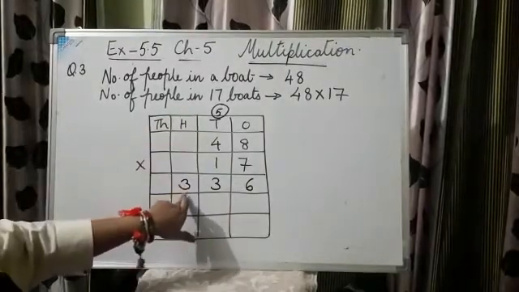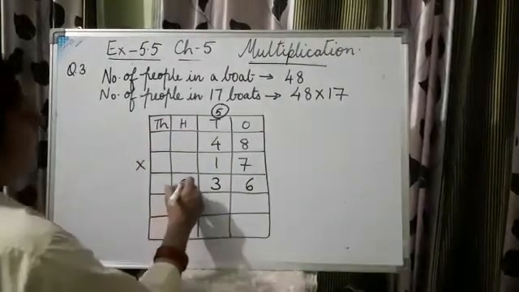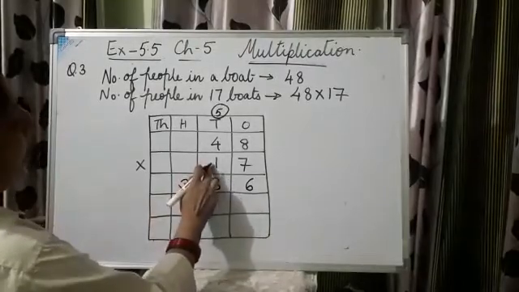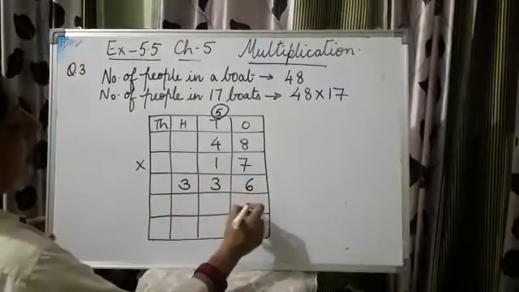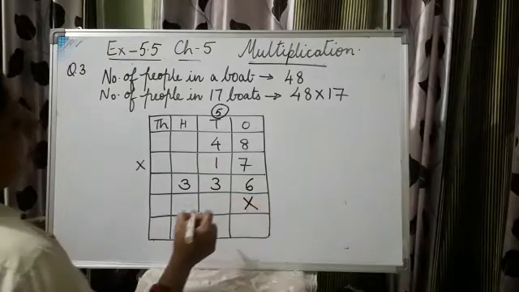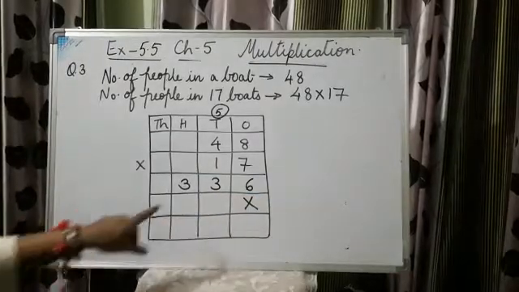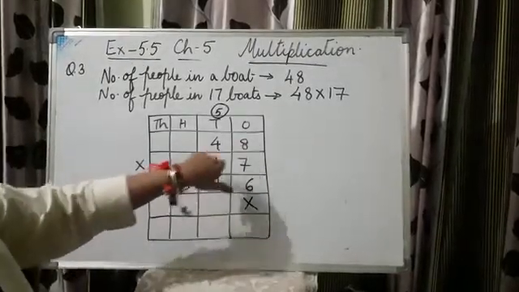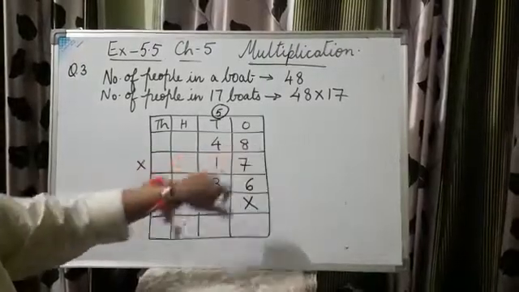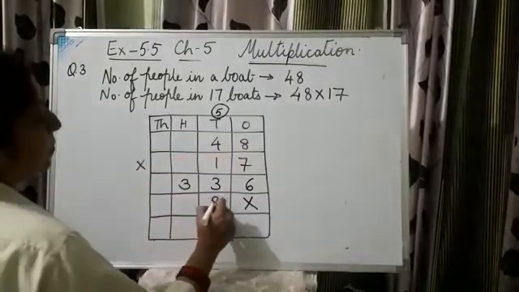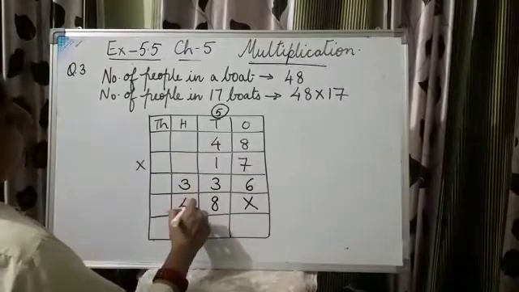We have straight away written the 3 here. Now, moving to the second digit, that is the tens digit. Before that, we'll put a cross here so that we don't get confused. 8 to be multiplied with 1. 1 8s are 8. 1 4s are 4.